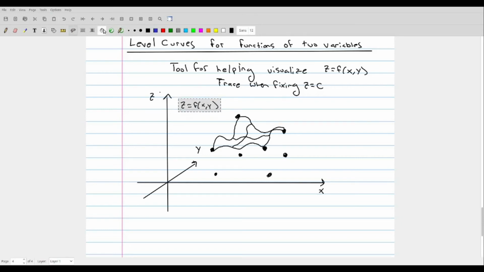Let's say maybe it has a maximum value, just so that we can get a better sense of this drawing. Say it has a maximum value at this point right here. The surface maybe comes down like this, goes up to a maximum value, and then down to the boundary right here.